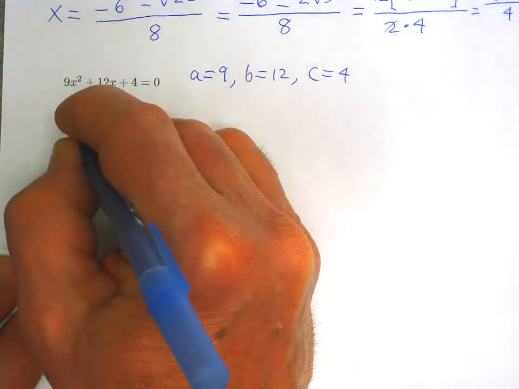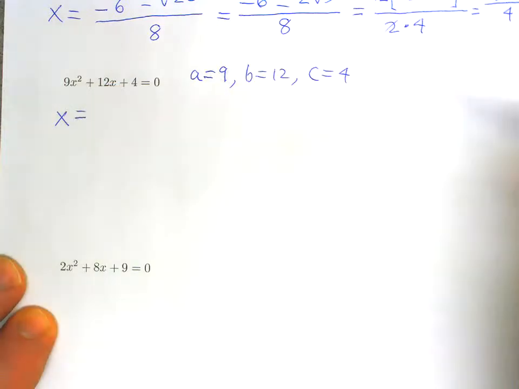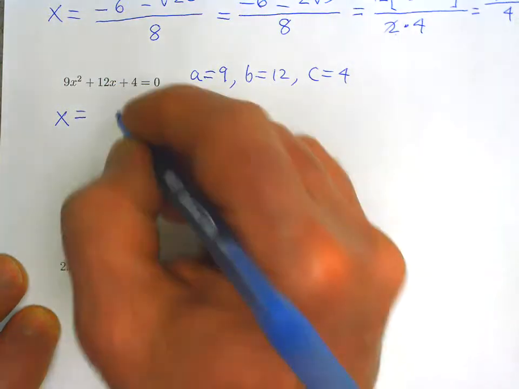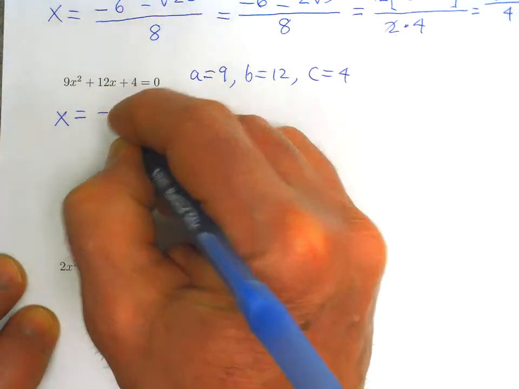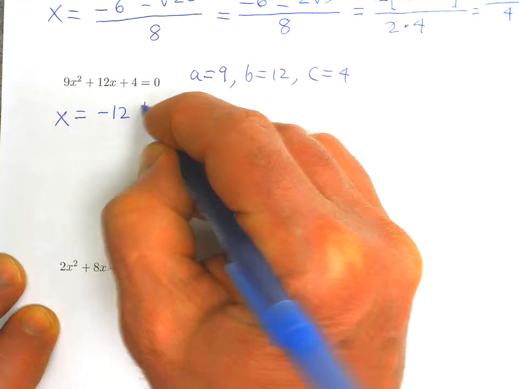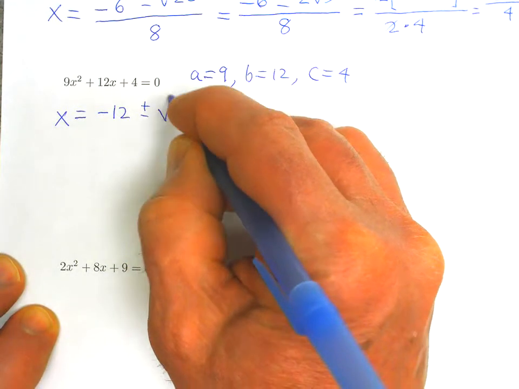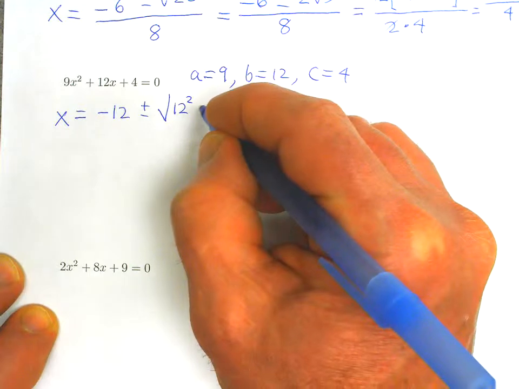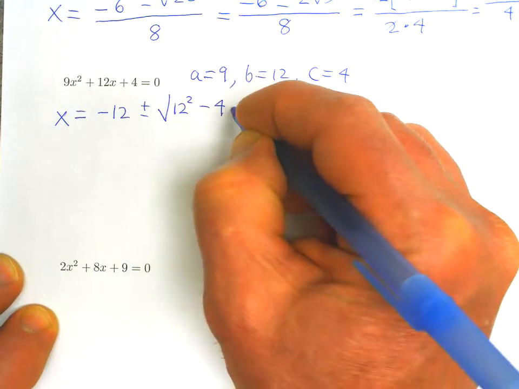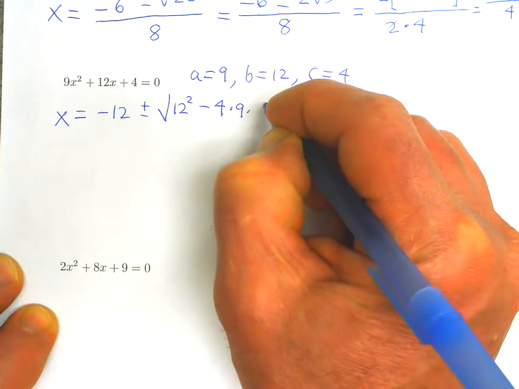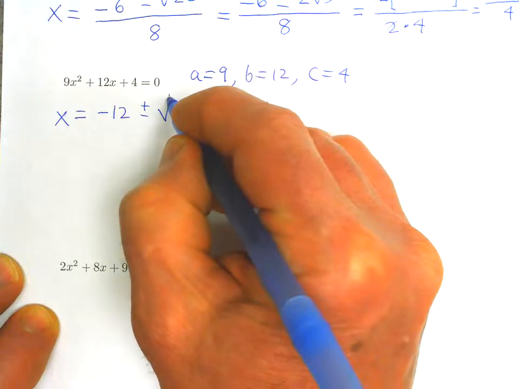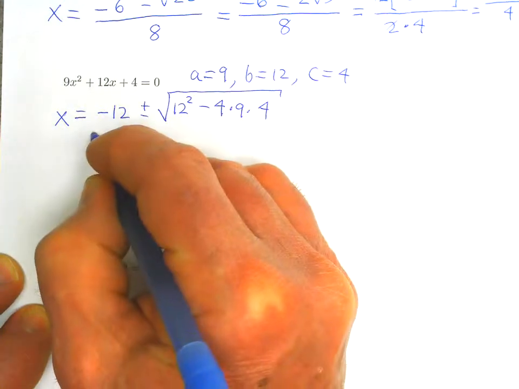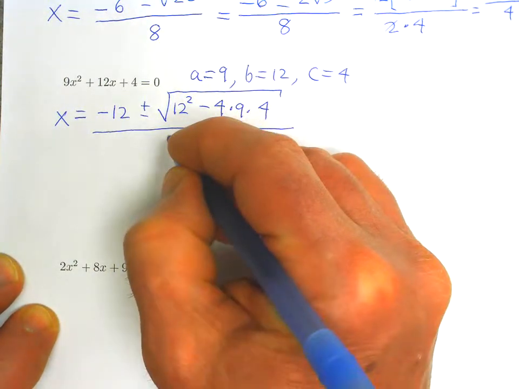Okay, so the quadratic formula, x equals -12 plus and minus the square root of 12 to the second minus 4 times 9 times 4, all divided by 2 times 9.